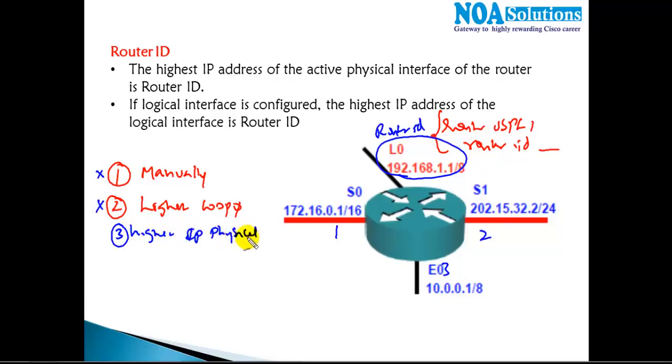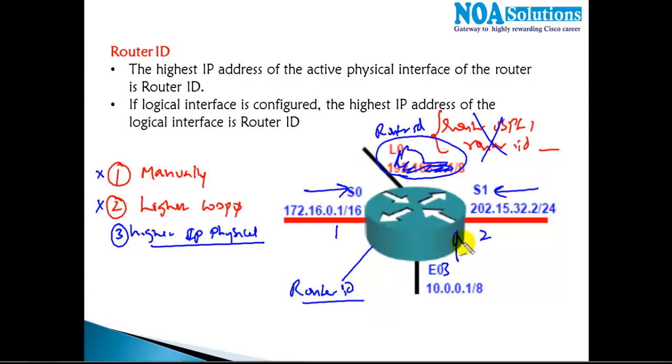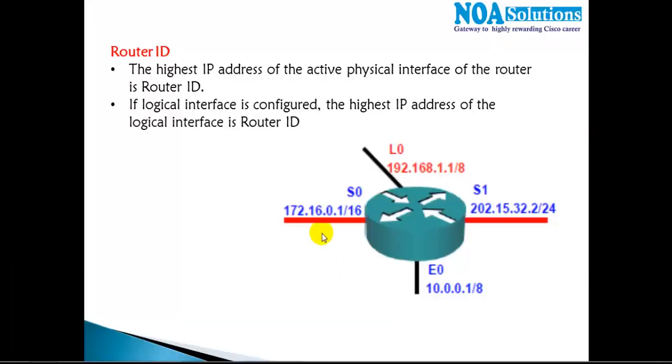In most cases, by default, it will take the highest IP of the physical interface, assuming there is no loopback and no manual router ID command. So router ID is a name which has to be unique in the OSPF database, and it identifies one router, and whatever the direction, it will be identified with only one common name. That is what we call router ID.